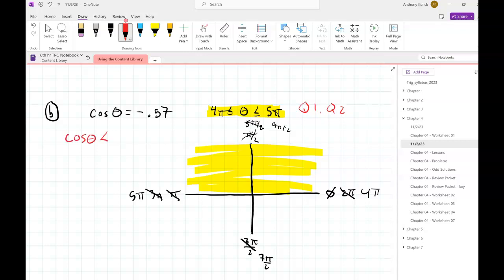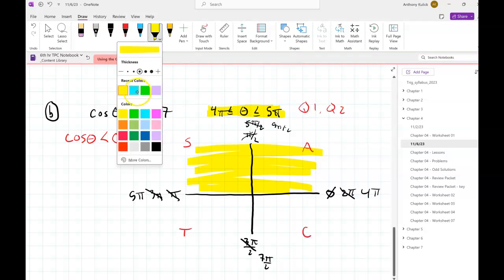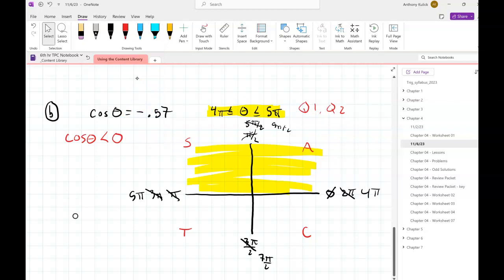All right. So we notice in this problem, cosine theta is negative. The quadrants where cosine theta is positive are A and C, quadrants 1 and 4. So that means we're negative in quadrants 2 and 3, right?